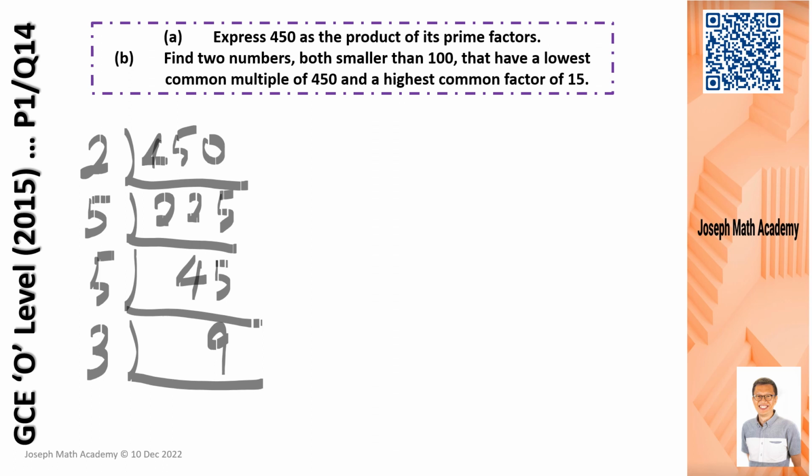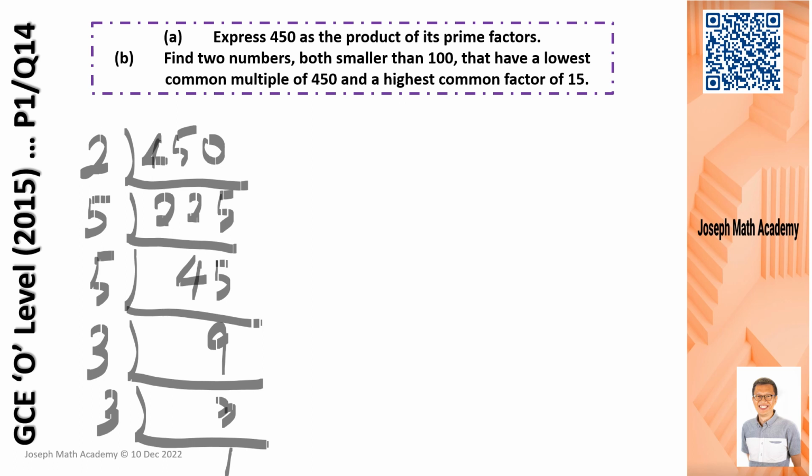It doesn't have to be in order as long as we are exhausting as many prime numbers as possible to get the final quotient 1. So 9 divided by 3 is a 3, and that finally gives us a 1. The 1 at the last part of the repeated division says that prime factorization is completed.